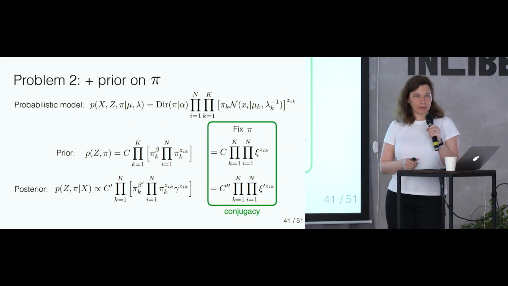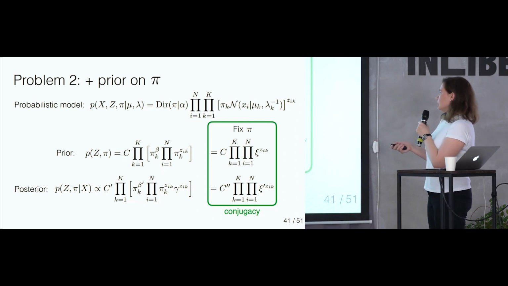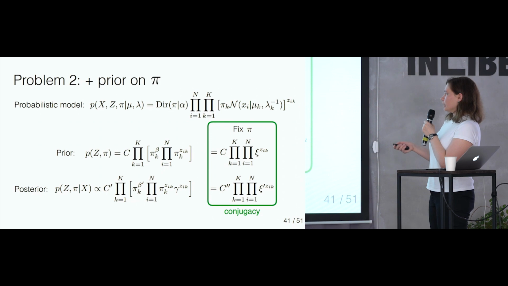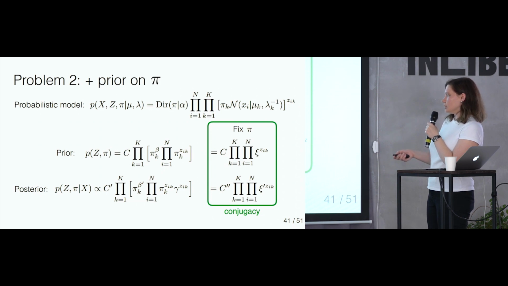Then we fix p, the second variable, and do the same. So we fix p, therefore here we have just a constant to the power of a constant, and here we have a constant to the power of z. Here xi is a new constant. And in the posterior, p to the power of beta is now a constant, and p to the power of z is now a constant to the power of z.